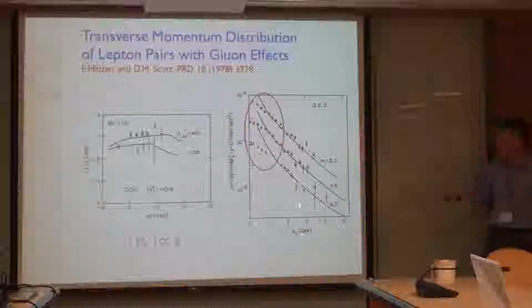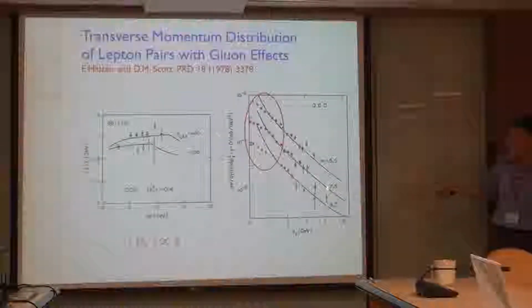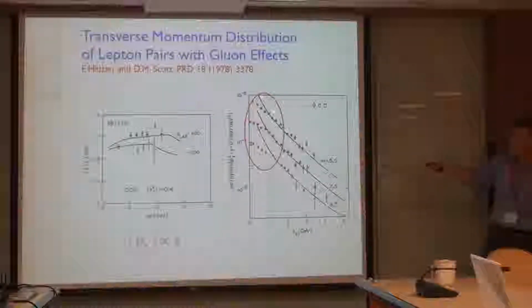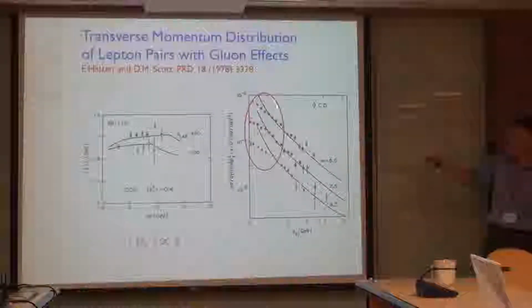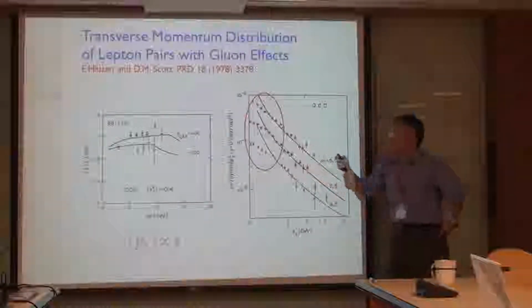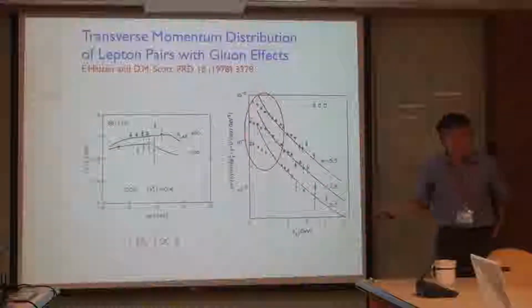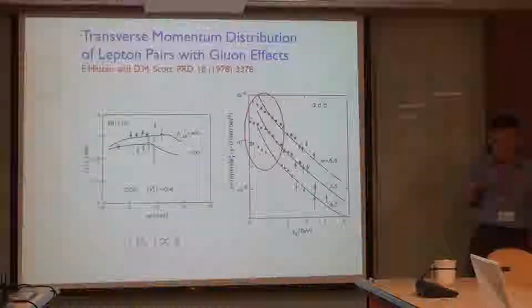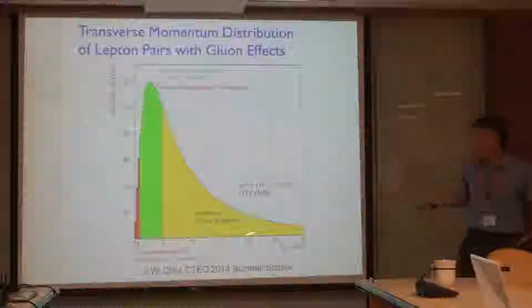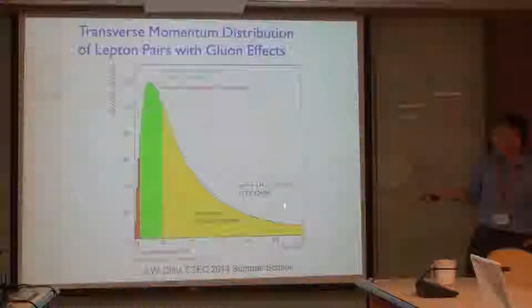However, as you can see, in describing this PT distribution, it gives a very reasonable description at large PT, but the QCD prediction diverges if you move to very small PT. At very large PT, everything can be well described by perturbative QCD.